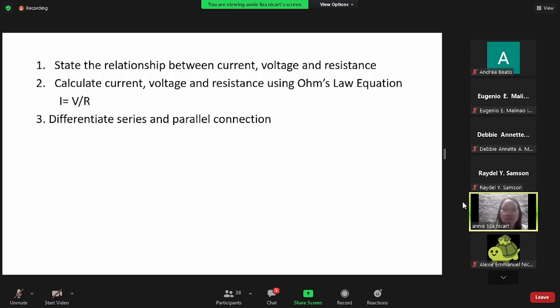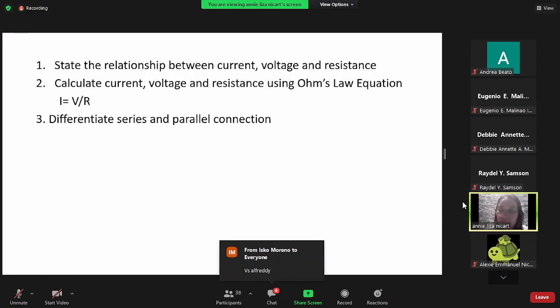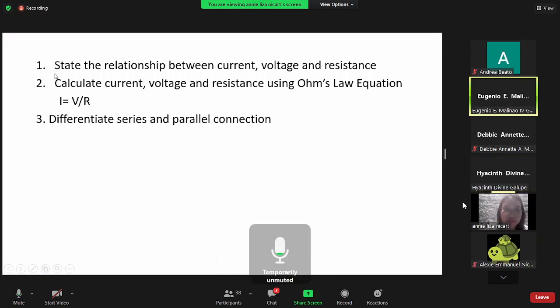State the relationship between voltage, current, and resistance. Somebody please read our specific objectives, because my screen is covered and I can't see them. And the last objective is to calculate.